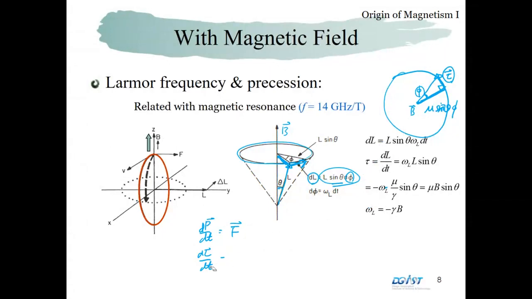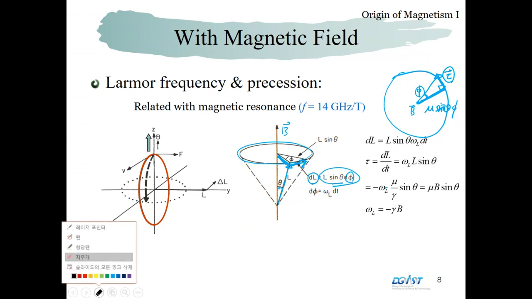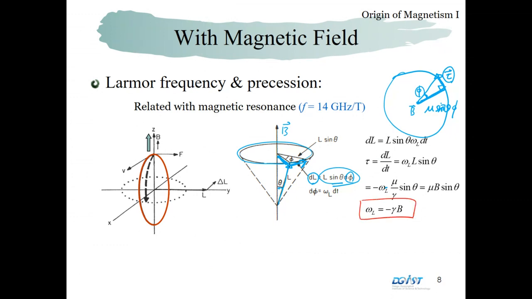So you can obtain the relation of this precession angular velocity with the magnetic field.